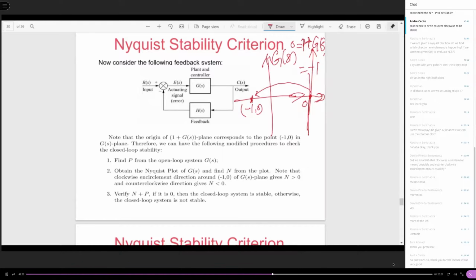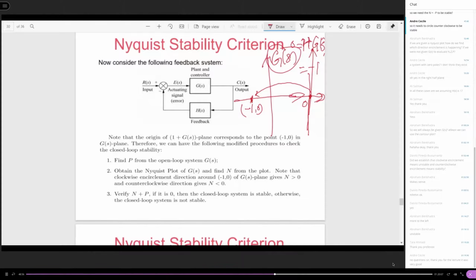Then you can throw the 1 plus G of s plane away. You only need to talk about the G of s. Eventually we find out that I don't even need to mention 1 plus G of s. Everything can be done for the G of s.